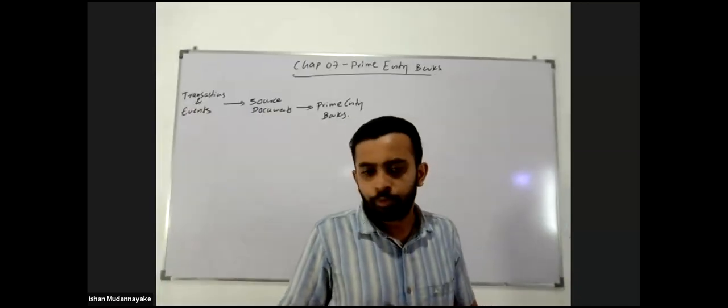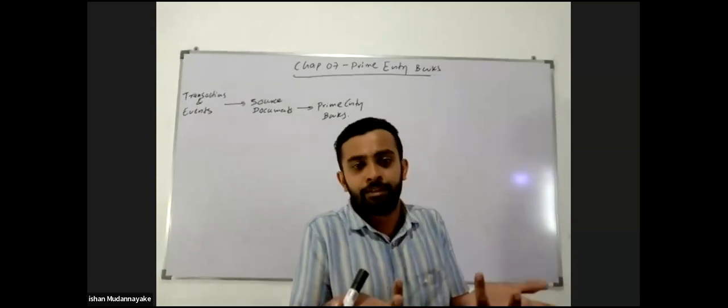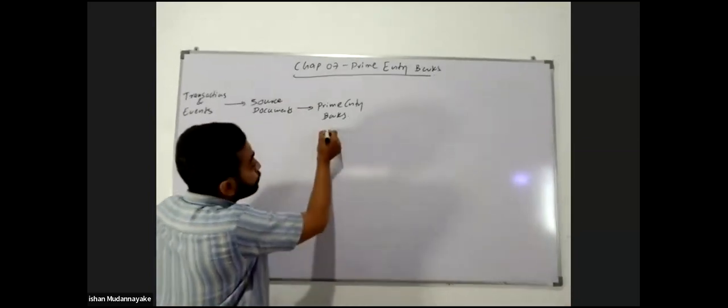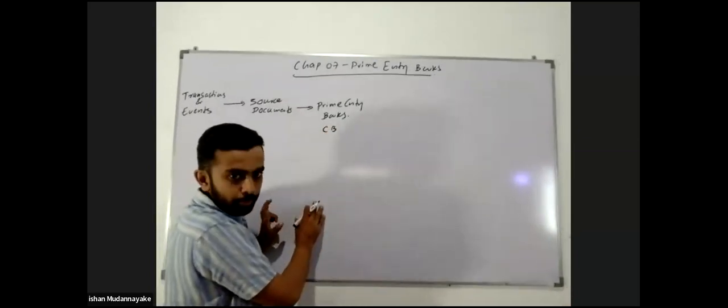What are the primary books available in the business organization? Cash book is one primary book.